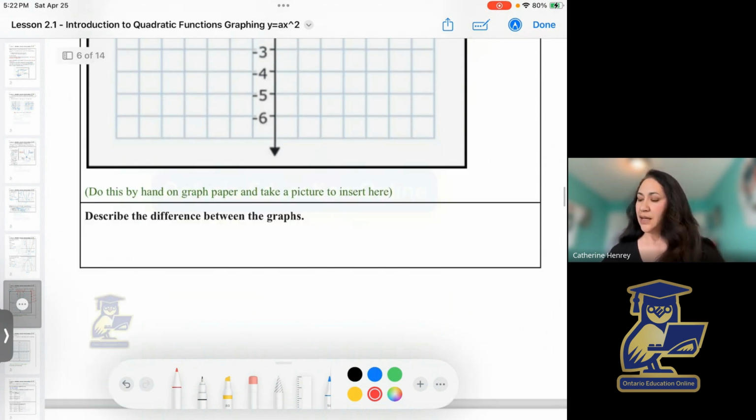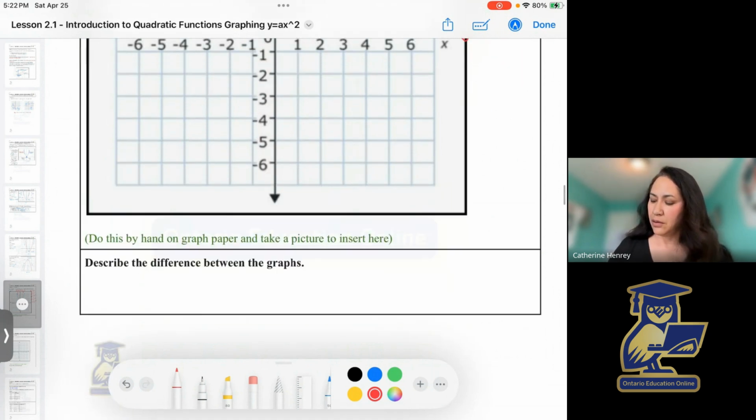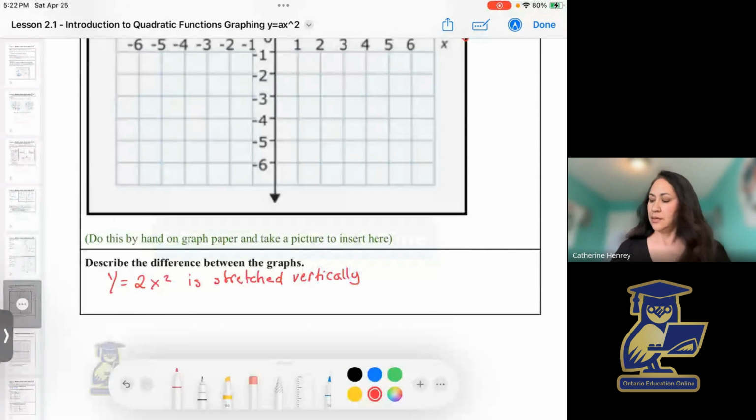It seems that y equals 2x squared is, let's say, stretched vertically, because it has the appearance that you've taken it and you've pulled it vertically compared to the parent function of y equals x squared.